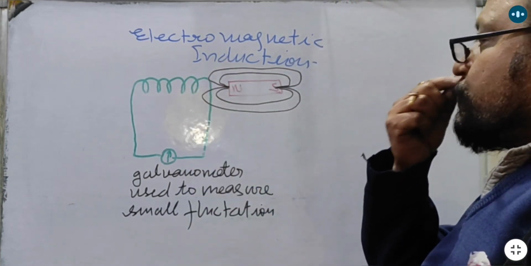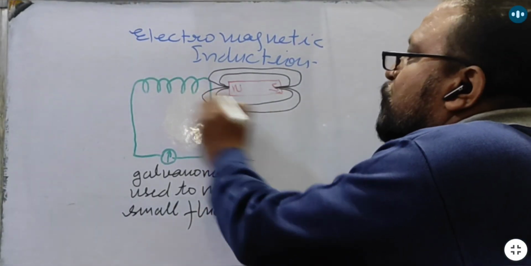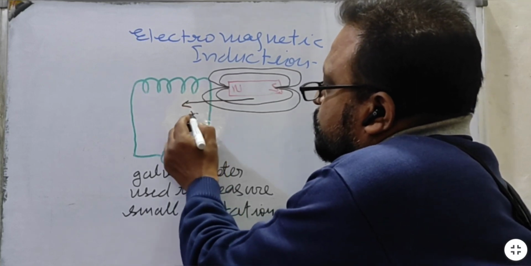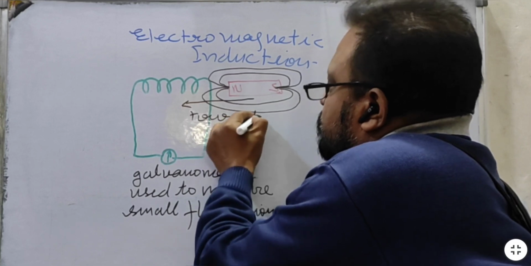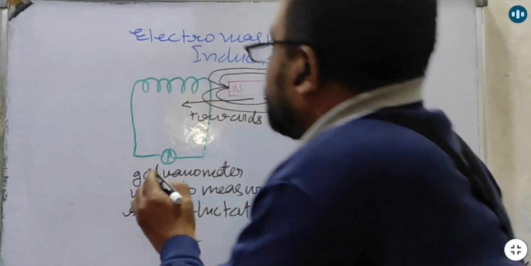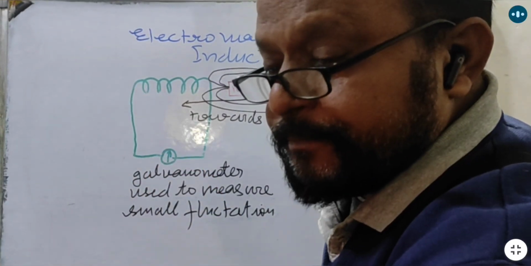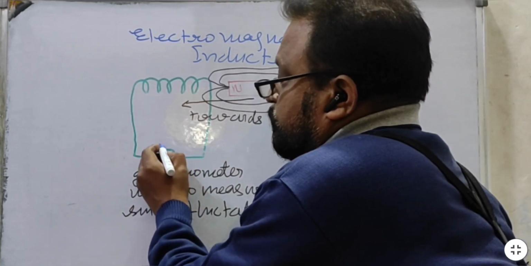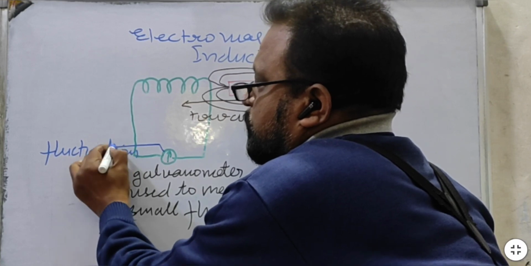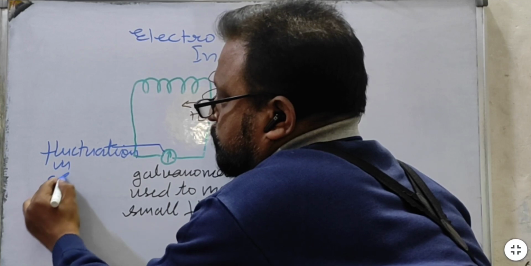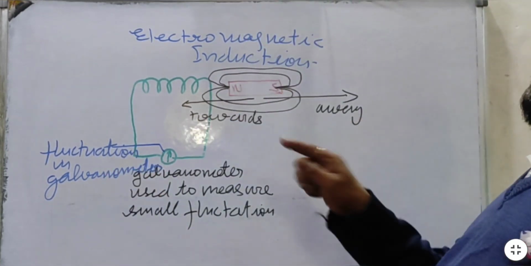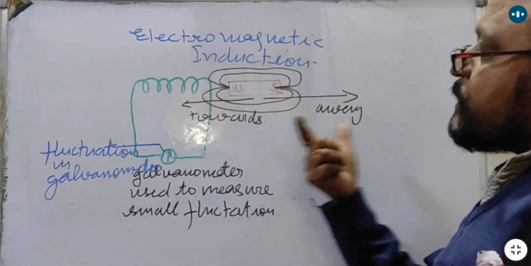What Faraday has seen is that when this magnet is moving towards the coil or away from the coil, then there is fluctuation in the galvanometer, right?